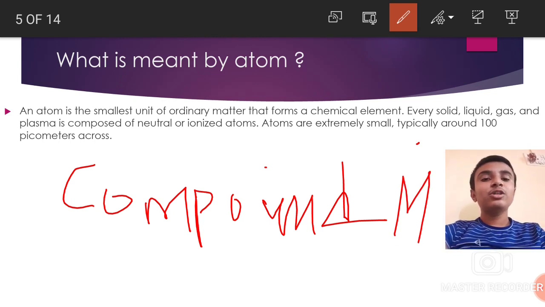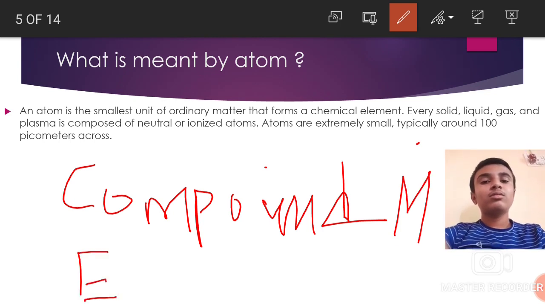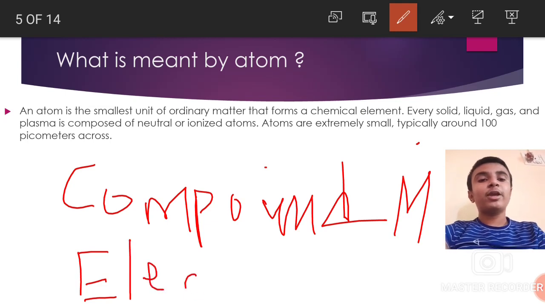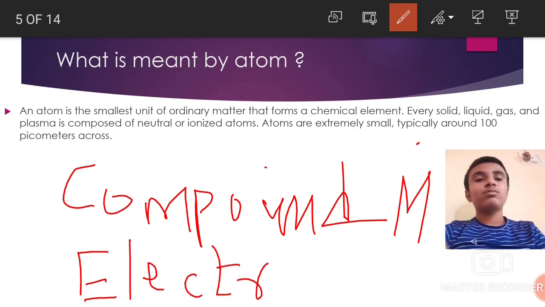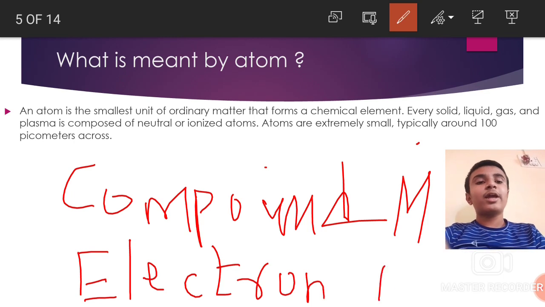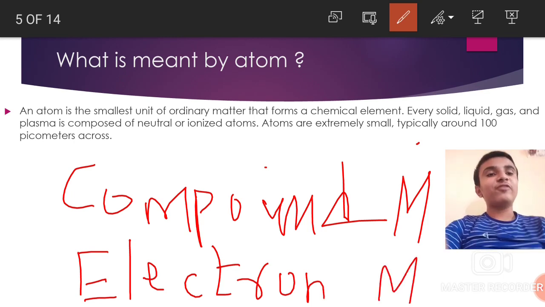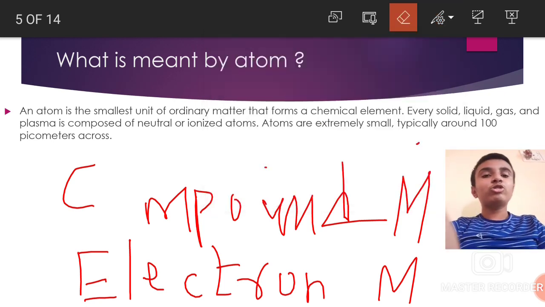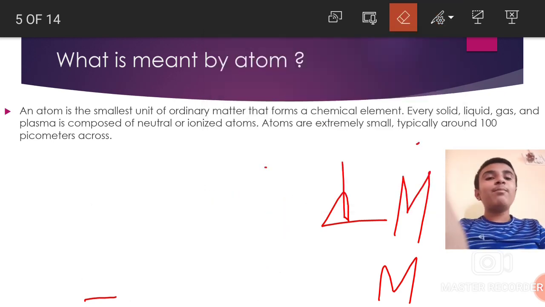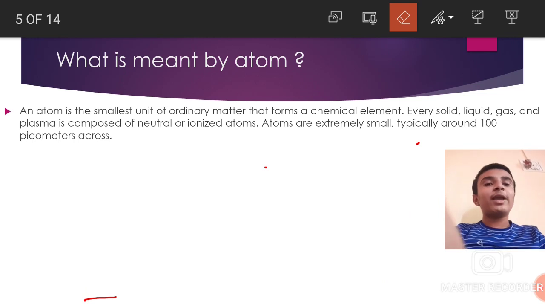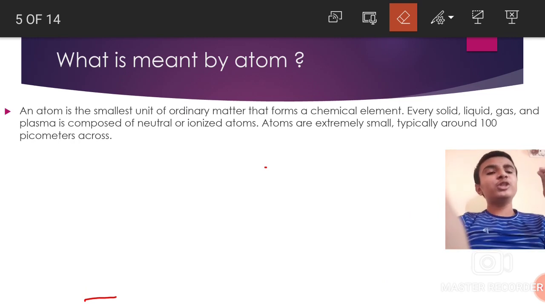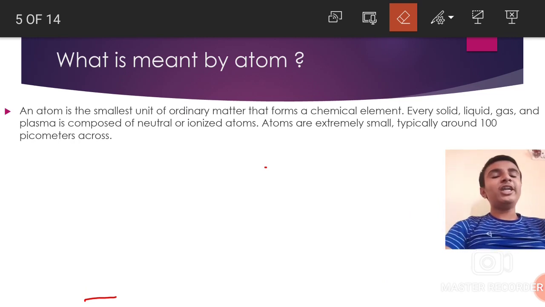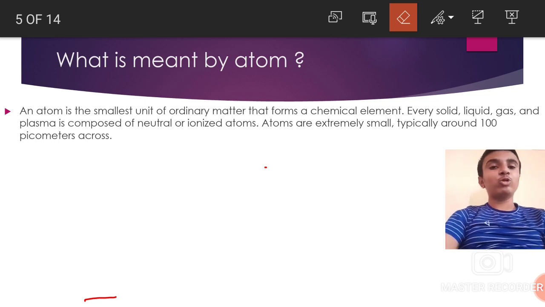And for atoms, we use an electron microscope. Yes, friends. So an electron microscope is used for atoms and a compound microscope for cells. This electron microscope is more powerful and more intensive than the compound microscope.